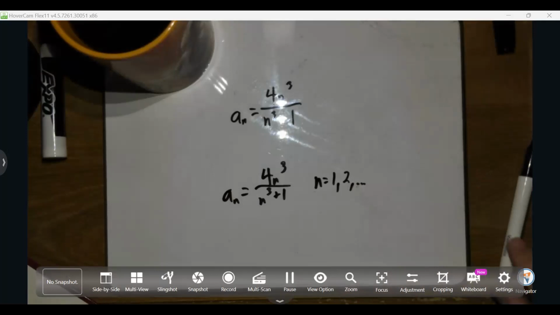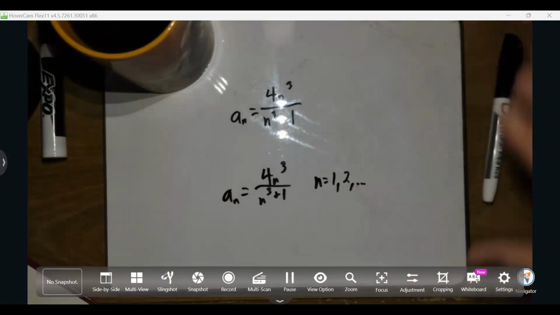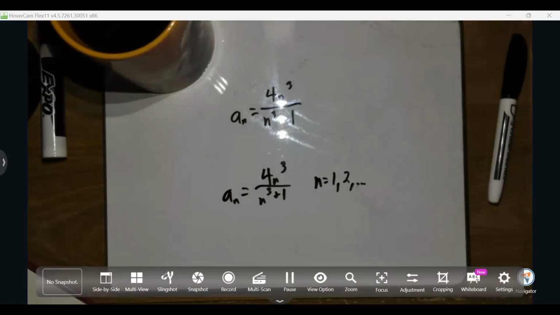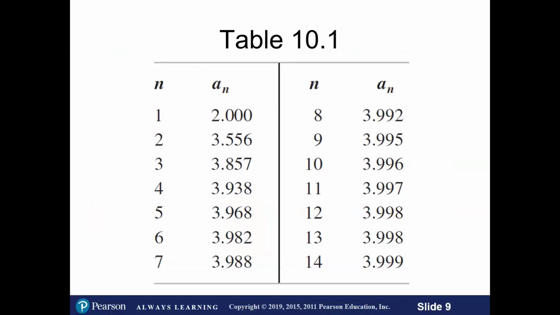So in this case, we have a sequence given by the explicit formula 4n cubed over n cubed plus 1. We can generate, say, the first 14 terms of this.